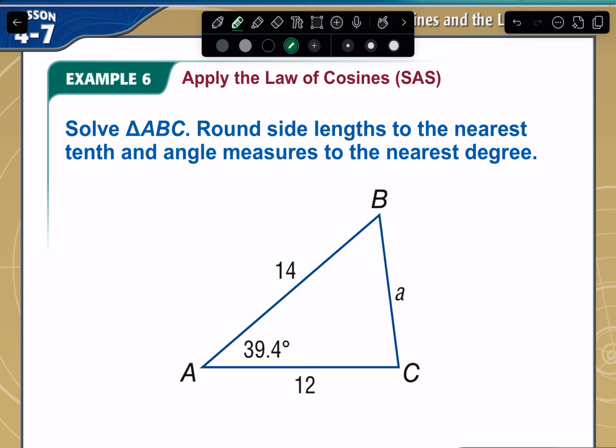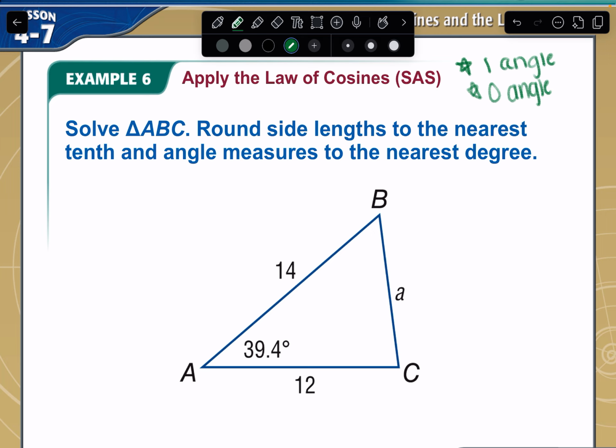Part of where you're going to know to use law of cosine versus law of sine is you're going to be given only one angle measure or no angle measures, which is when you're going to use law of cosine. So this one, you're only given one angle measure, or in the last example, in example 5, you were given 0 angle measures.